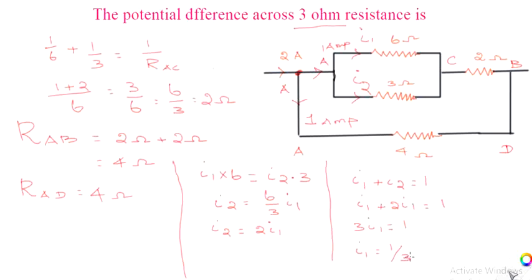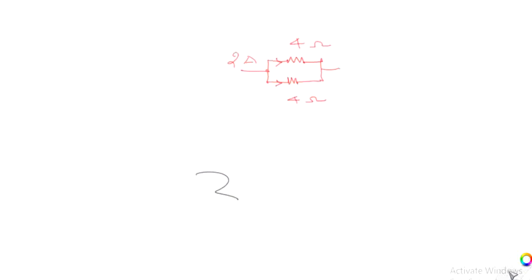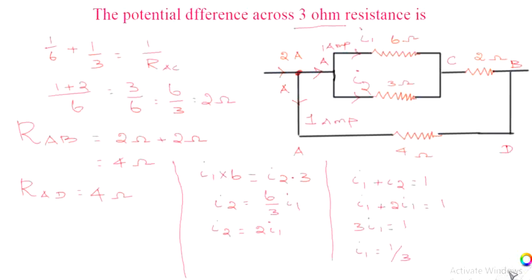I1 equal to 1 by 3 means what is I2? I2 equals 2 by 3 ampere. Now, they are asking the potential difference across the 3 ohm resistance.